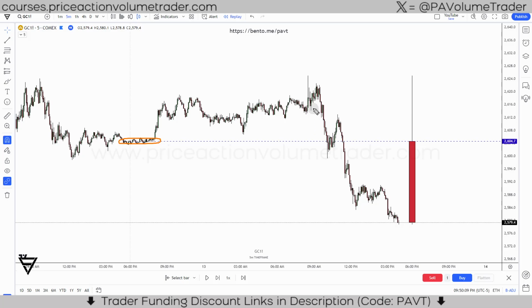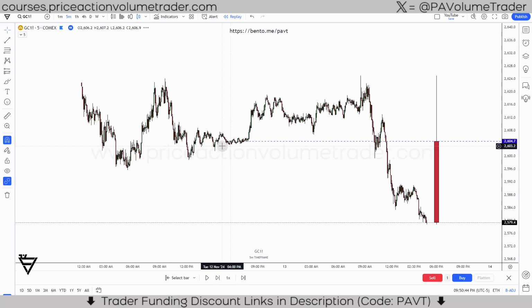And then right here around 9 a.m. at New York open, we open literally right here and just immediately start dumping on New York. So now we know that if we have a strong break below the daily open, we have printed the upper rejection wick, and now we can look for again a continuation to the downside.